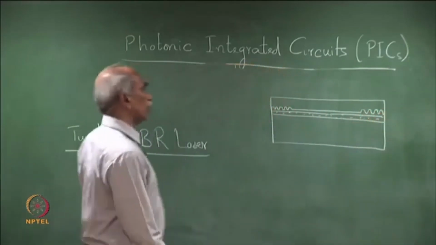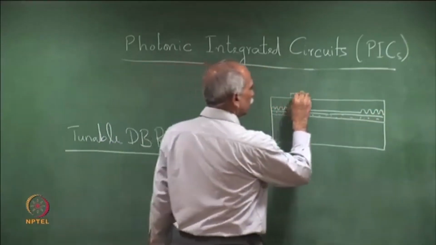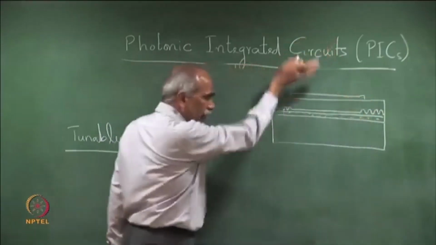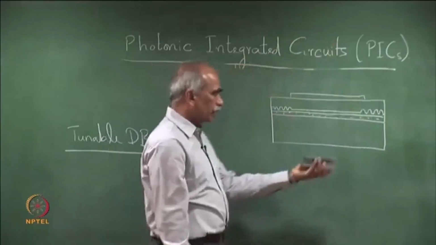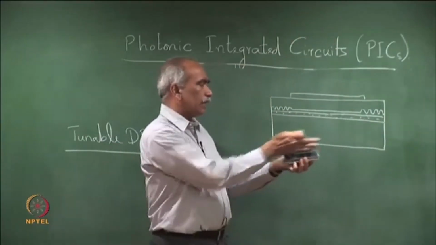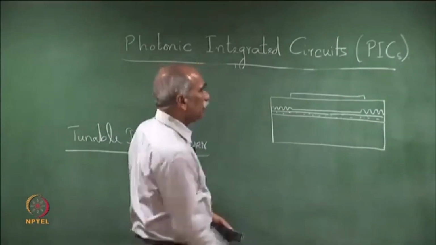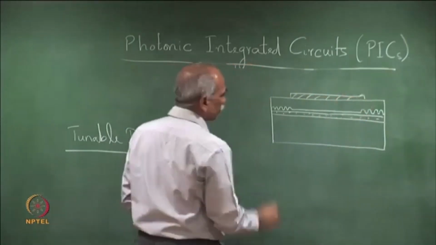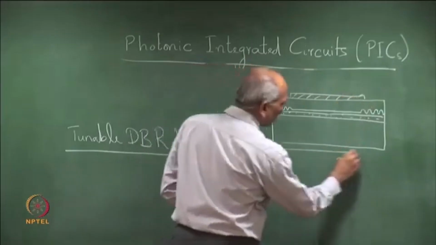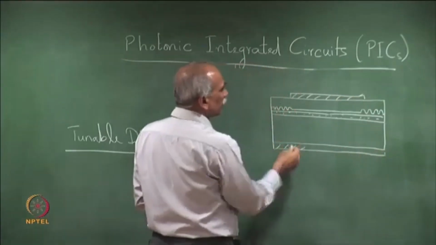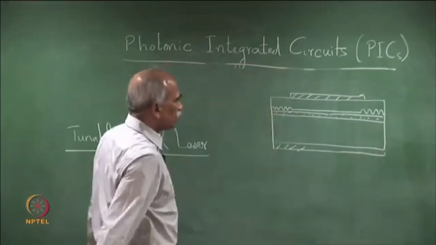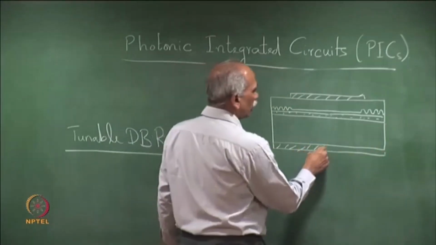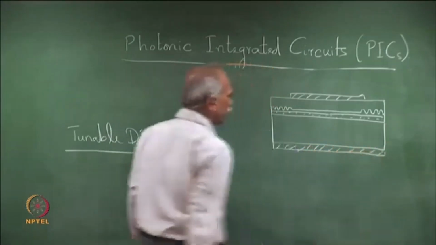So, this is what we had discussed, and this is a longitudinal cross section of the device. We are looking at the simplest longitudinal cross section, and here is the metal electrode and the electrode here. There may be many more layers here, I am just showing the essential layers.